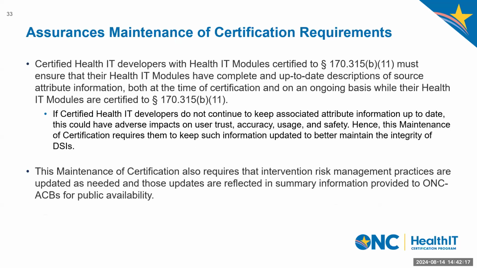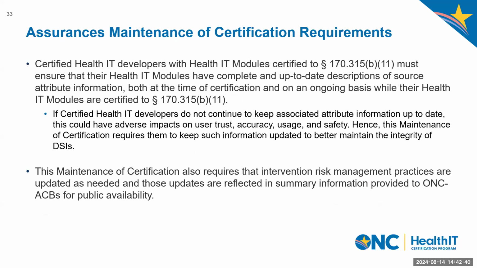For assurances, maintenance of certification requirements, several source attributes are intended to provide users information on how the intervention performs in local data. This is both because models and data used to drive predictive DSIs will change over time, and because bias and inaccuracies are likely to appear after a predictive algorithm is deployed.